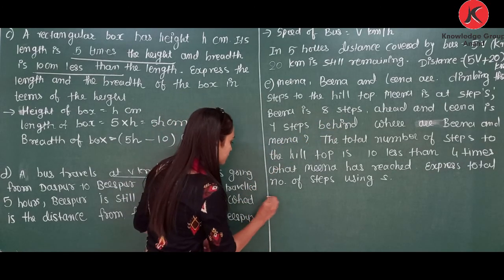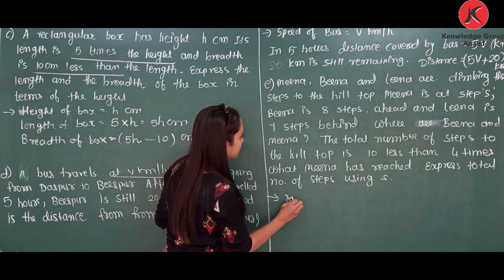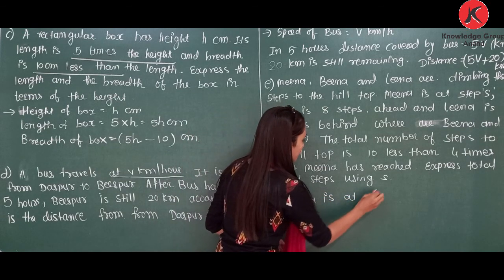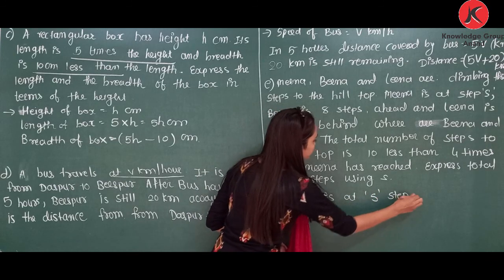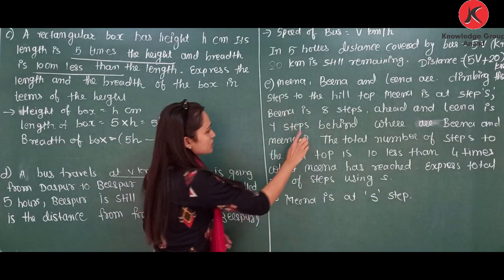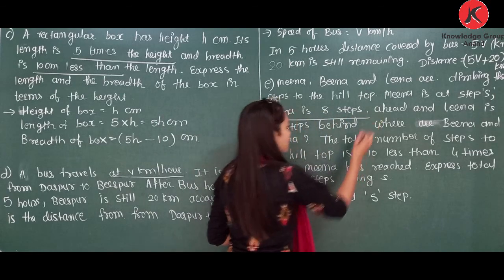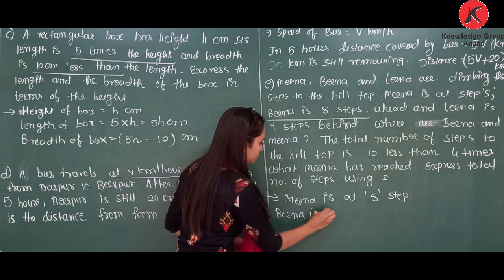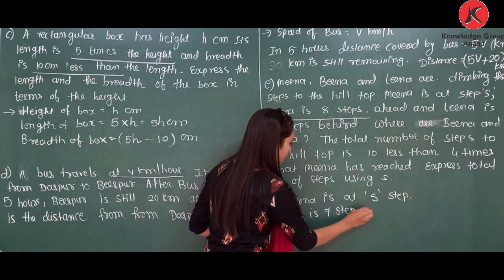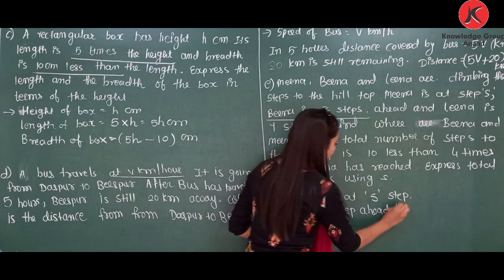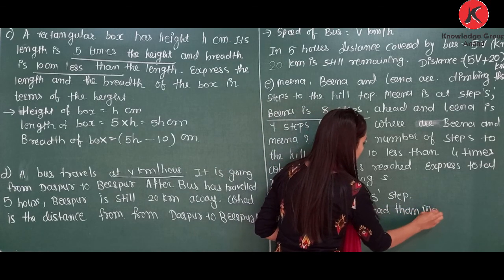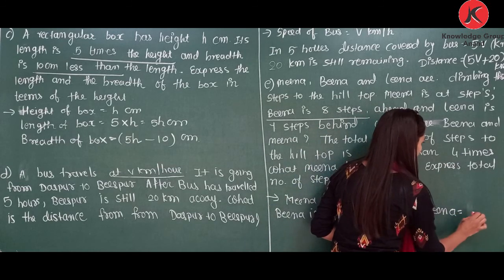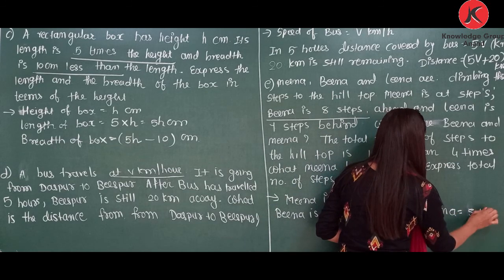So here we can write, Meena is at S step. Then it is given that Beena is 8 steps ahead of Meena, so that will be given by S plus 8.